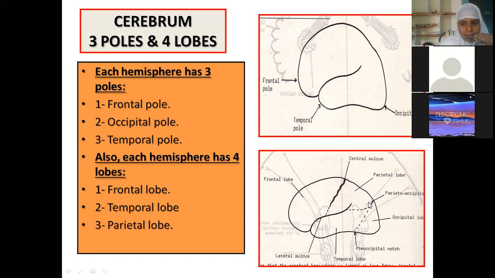If you join a line from the parieto-occipital sulcus to the pre-occipital notch, whatever area is behind is the occipital lobe. So though we have prominent sulci, we still need to draw a few imaginary lines to make the divisions of the lobes complete. I hope this is clear.